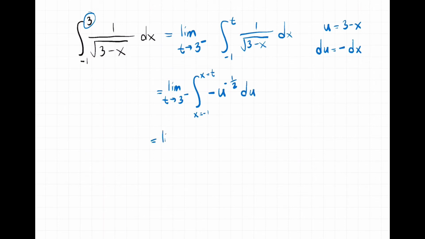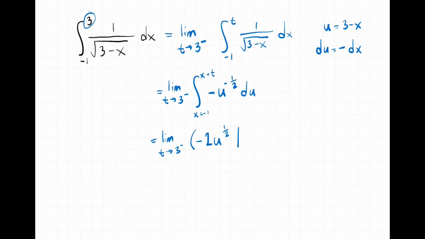This is the limit as t approaches 3 from below of negative u to the +1/2, because we're going to raise the power by 1. We also have to divide by the new power, so divide by 1/2. But of course, that's the same as multiplying by 2.